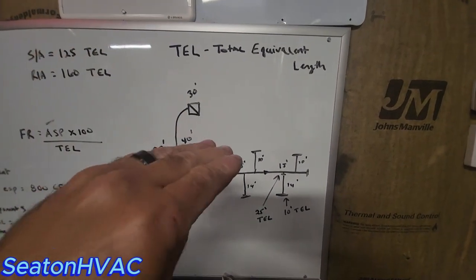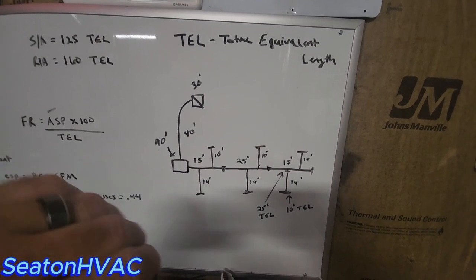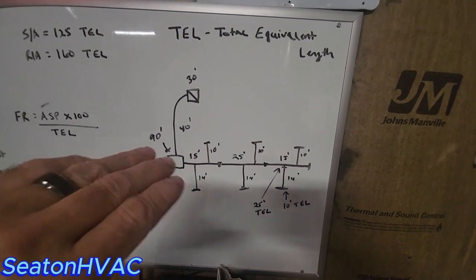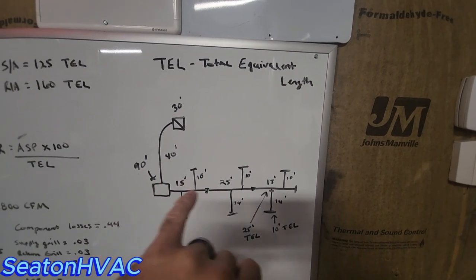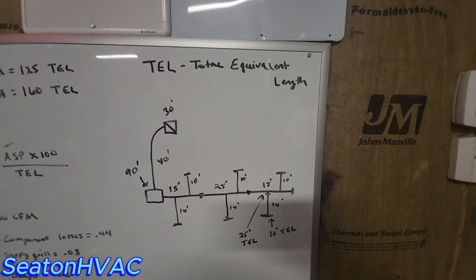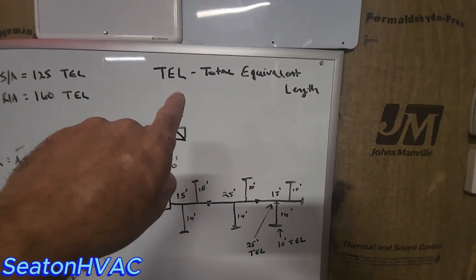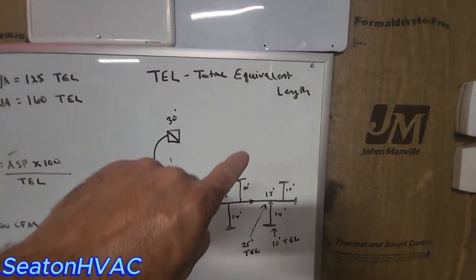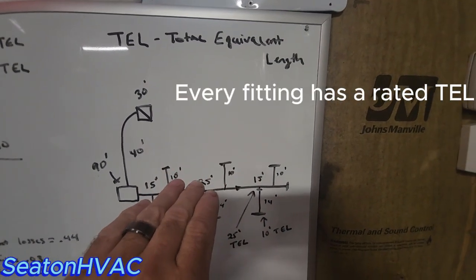So once you know what your blower performance data is and what CFM it'll produce at that, then what you want to do is measure out your duct system. The first thing we need to know is the total equivalent length of our duct system, and I'll get into this in a second.